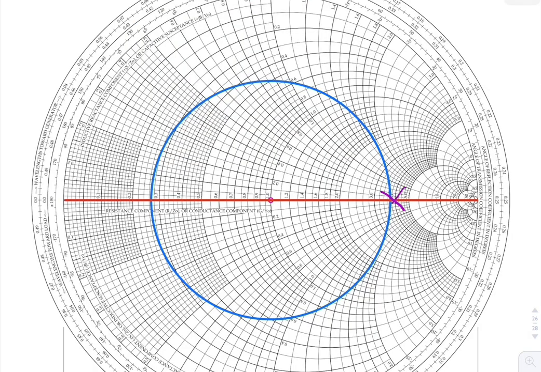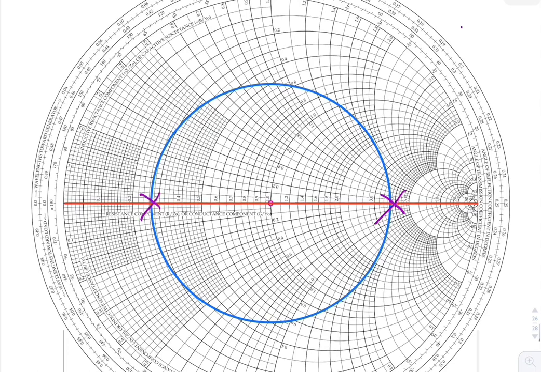In the previous case, the normalized load impedance is taken here or else here. But now, since the load is complex in nature, you are going to get the normalized load impedance at any other point other than these 2 points on the Smith chart. Let us say this is the point where we got normalized impedance as R plus jX value.